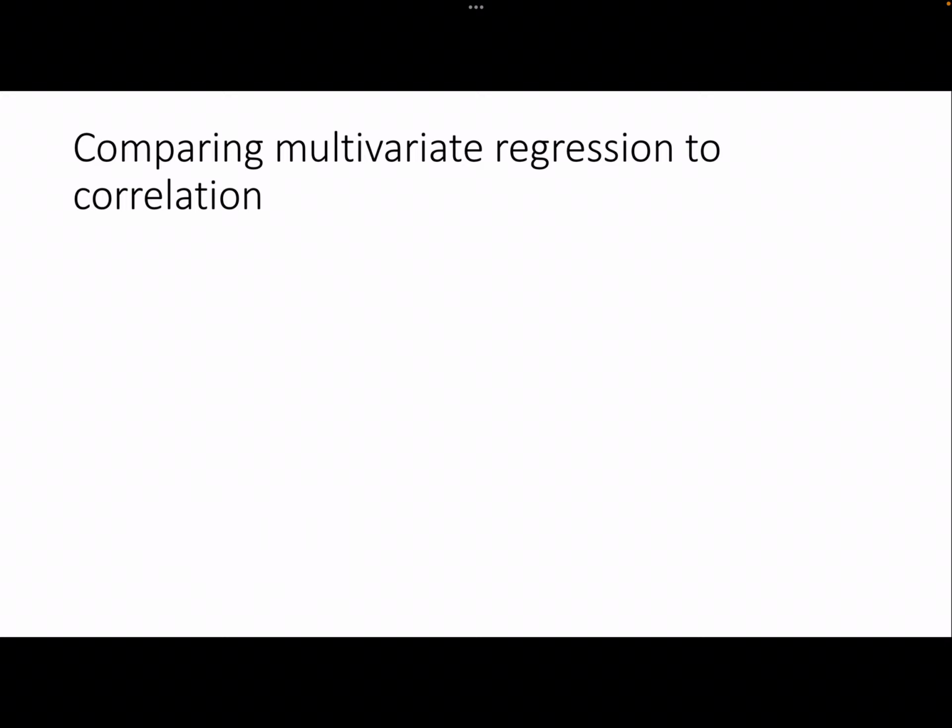So let's have a couple examples, but the main idea here is we're going to compare multivariate regression to correlation. When you take a stats class, your stats teacher says at least 25 times that correlation is not causation, right? So let's take a look at some examples where correlation can go wrong, but multiple regression can help us out. If two variables are correlated, roughly, what does this tell you?